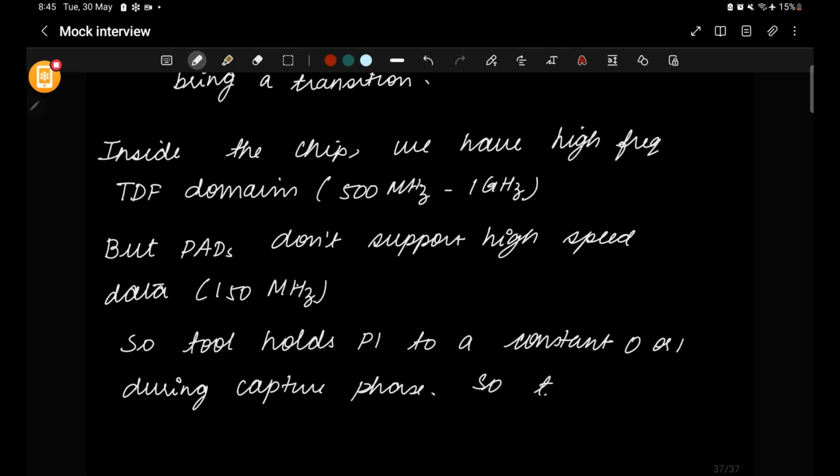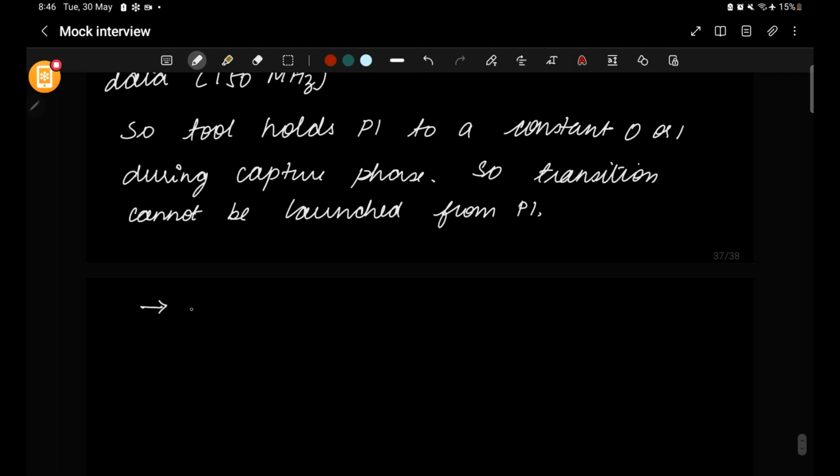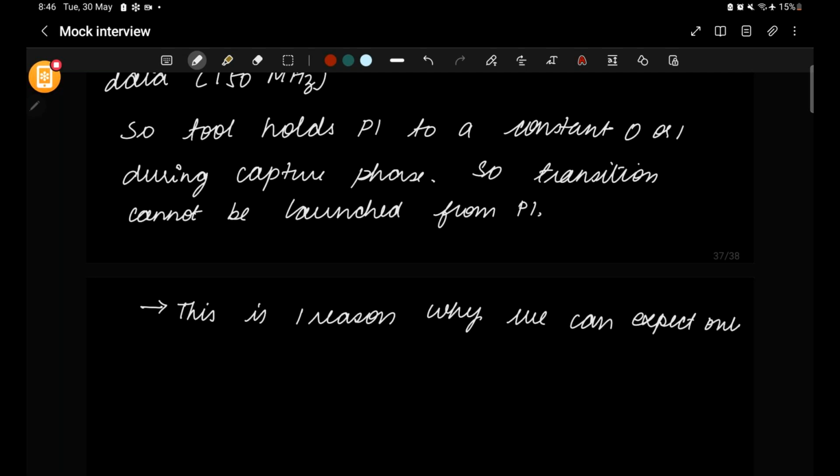So a transition cannot be launched from a PI. This is one reason why we can expect only around 80% coverage in TDF.